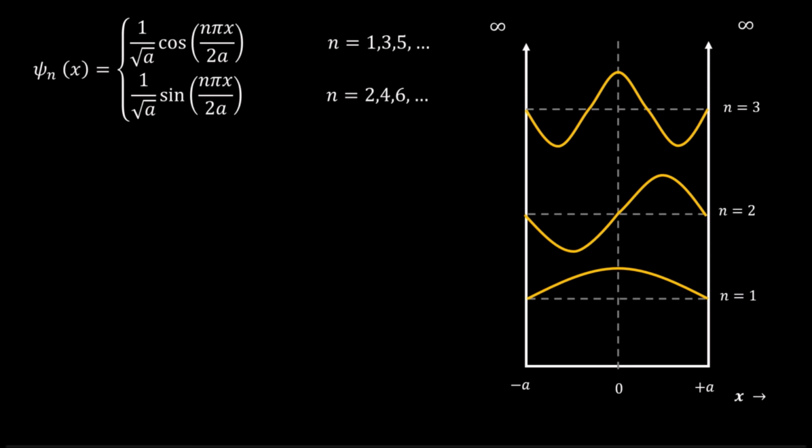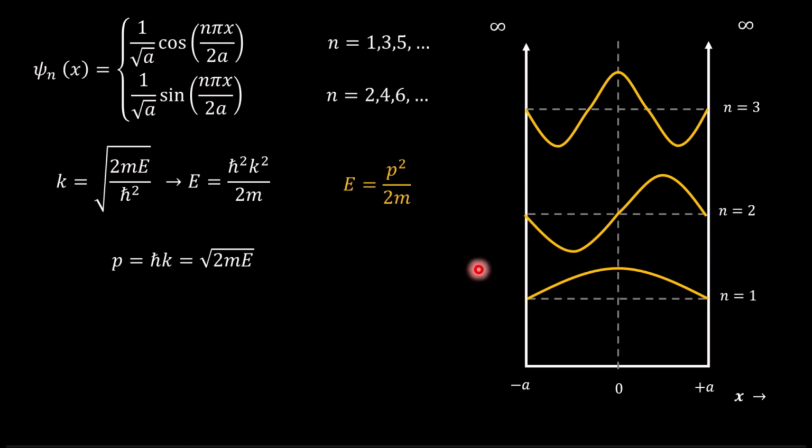Now let's evaluate the de Broglie wavelength. We know that k is equal to the square root of 2mE by ħ², and hence we can write E = ħ²k²/2m. Since there is no potential acting on the particle inside the well, this energy must be the kinetic energy of the particle.